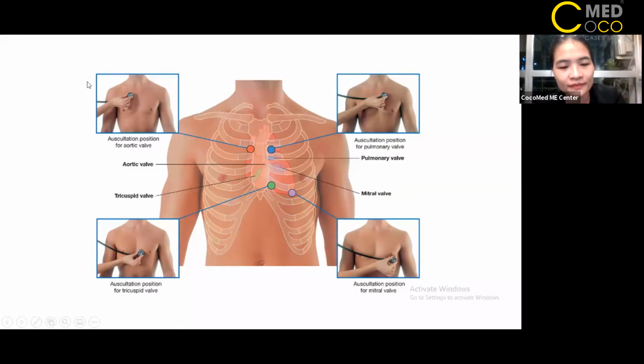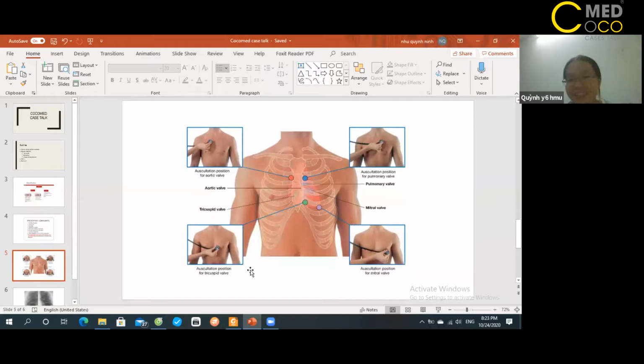So now that is some general information about congenital heart defects for today.